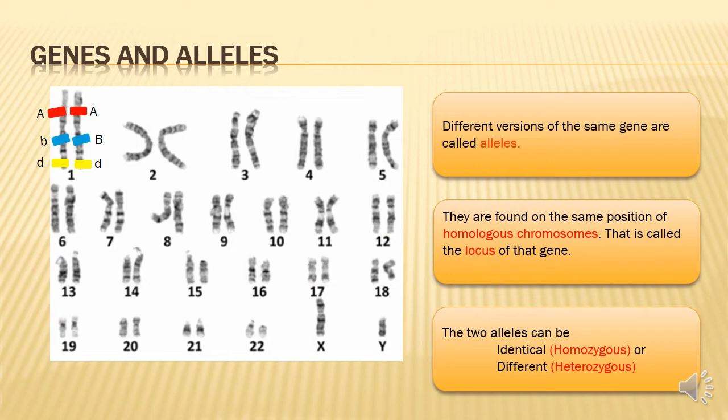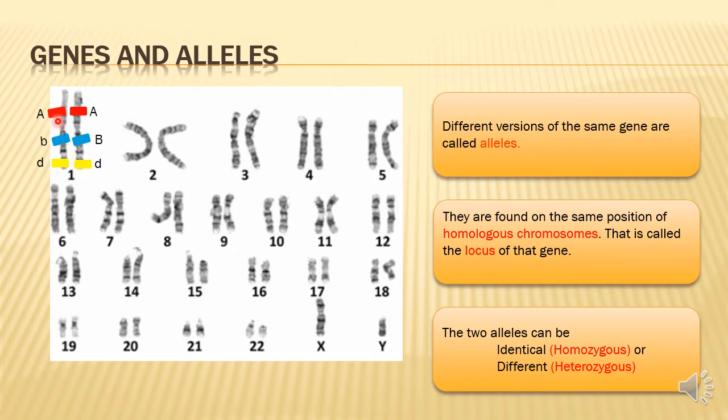Different versions of the same genes are called alleles, and they are found on the same position of the homologous chromosomes, and these are called the loci of that gene.